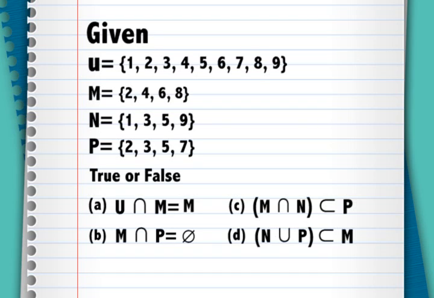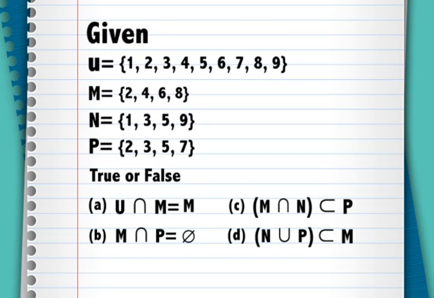The first one, this is the universal set intersect M is equal to M. Is that true? Is M part of the universal set? Yes, sir. Is M a subset of the universal set? Yes, sir. And what did we learn about the intersection between a subset and another set? The one which is the subset will also be the intersection.